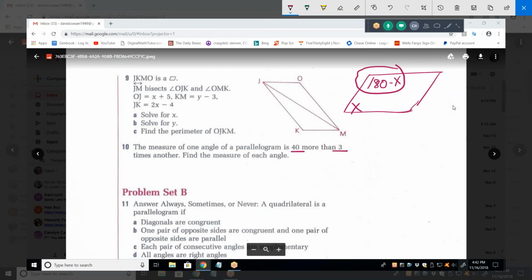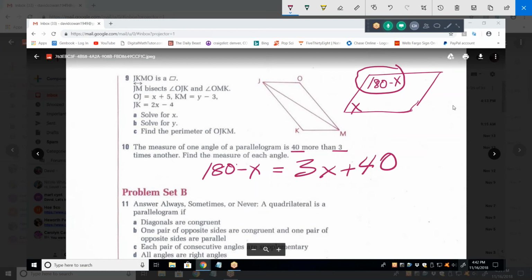Now, you're right. You could solve it just the same using X, but I think it makes more sense with my diagram to say 180 minus X is equal to what? Is equal to 3x plus 40.